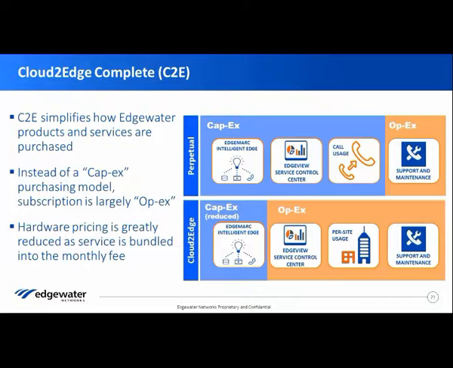That gets me into this question: what's Cloud to Edge Complete? Cloud to Edge Complete is a new way of buying our services. Basically, we decided to take all the things we offer in Network Edge Orchestration and bundle them up into a monthly service fee as opposed to a perpetual software purchase. And what's great here is we've reduced the price of hardware, in some cases by 50 to 75%. You pay a monthly service fee, and it is completely independent of the size of the customer.